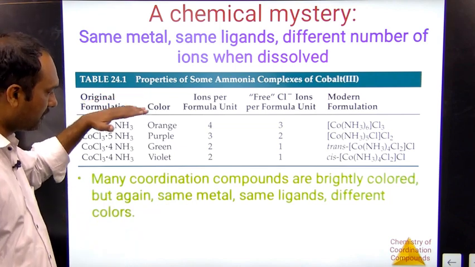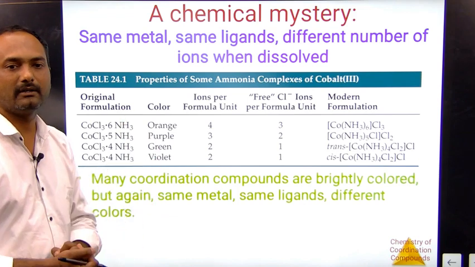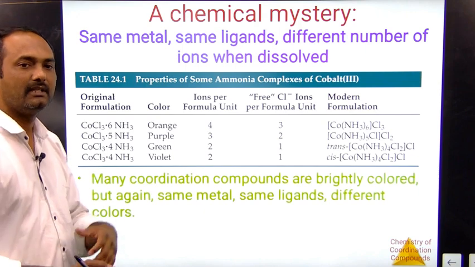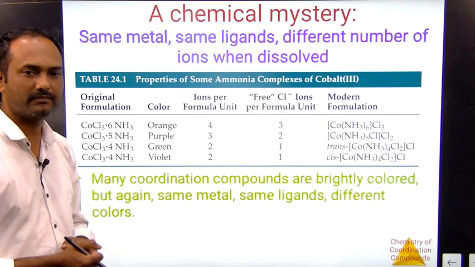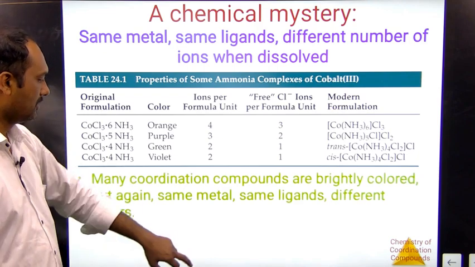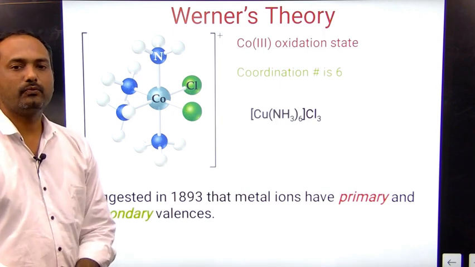So this is one of the magical things, that there is the same central metal atom, same secondary valence, and primary valencies. There is only a slight change in the number of some ligands, and still there is a change in color.